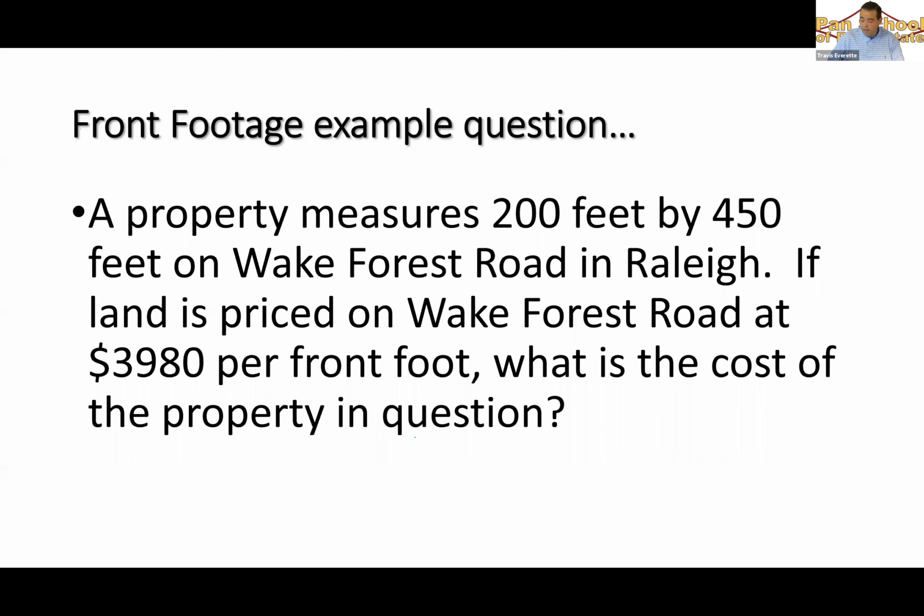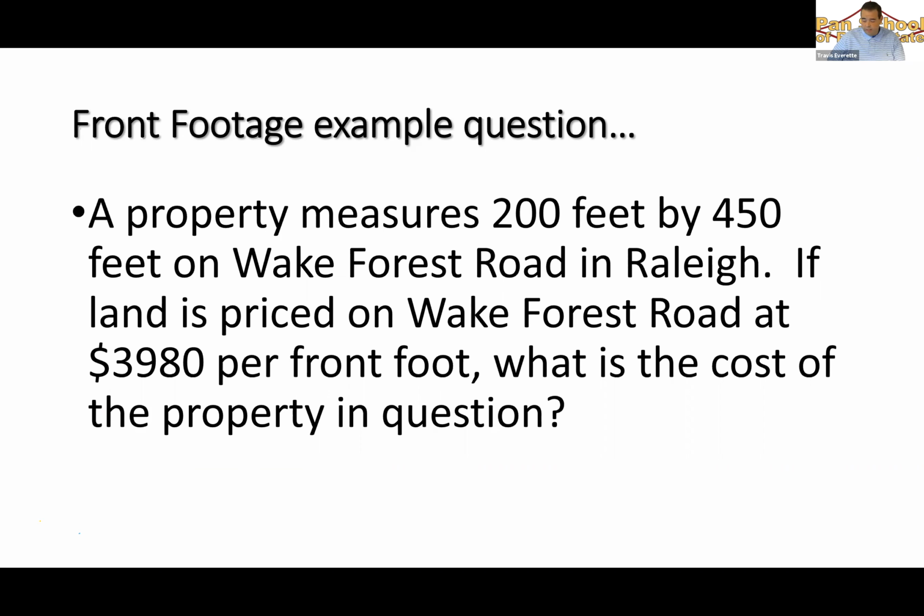So look at this math question. I want you to take a second, and I'm actually not even going to walk you through how to do this one right away. I'm going to let you do this on your own because it really is just that straightforward. If you're thinking you're too deep on this, it says a property measures 200 feet by 450 feet on Wake Forest Road.